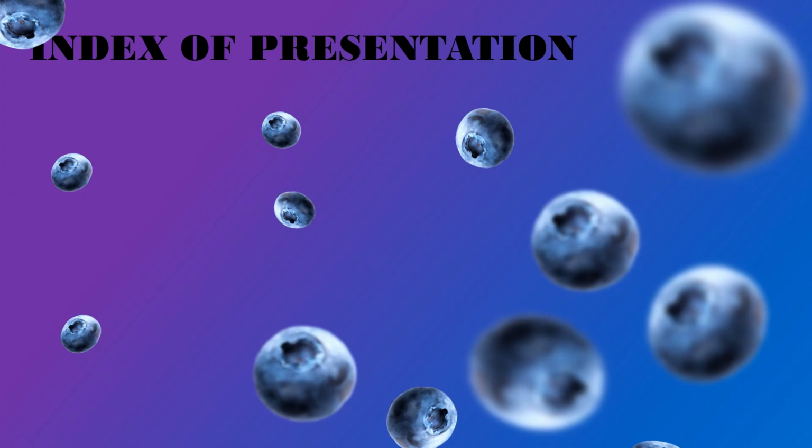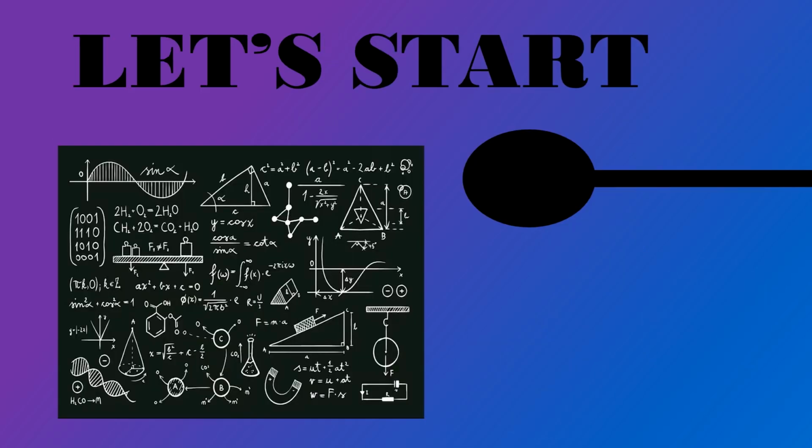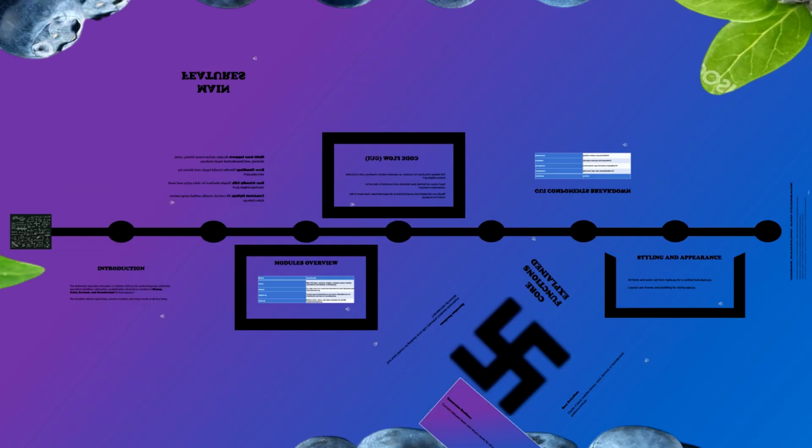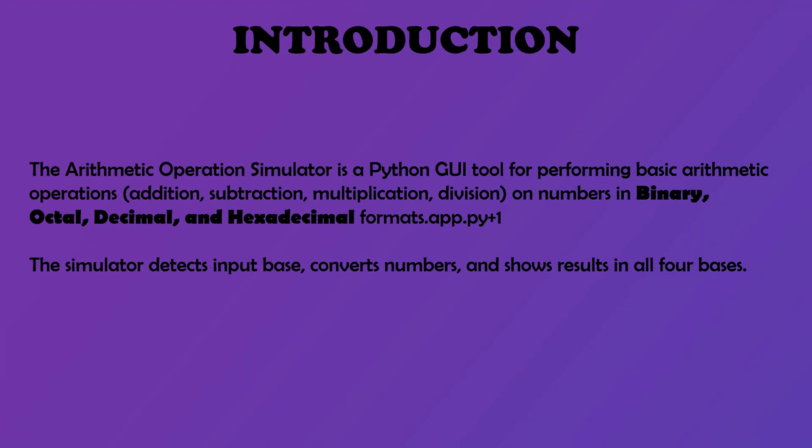So first, let's talk about what the simulator actually is. The arithmetic operation simulator is basically a Python GUI tool which helps users perform arithmetic operations like addition, subtraction, multiplication, and division. But the cool part is, it doesn't just work with normal decimal numbers, it works with binary, octal, decimal, and even hexadecimal numbers.